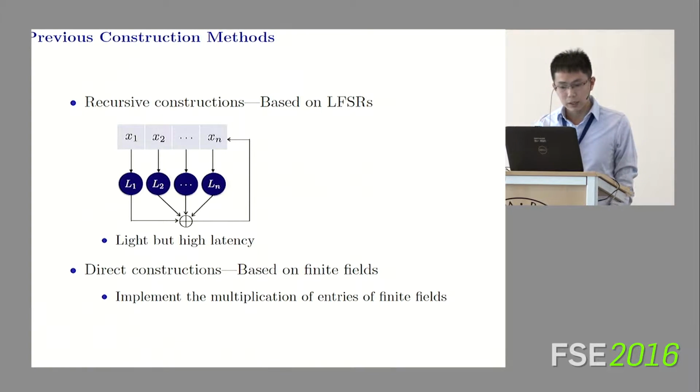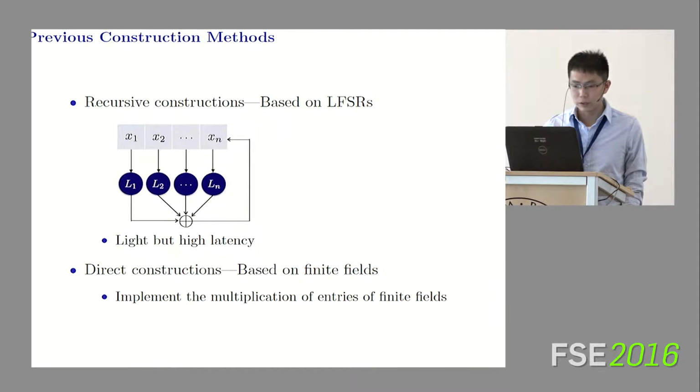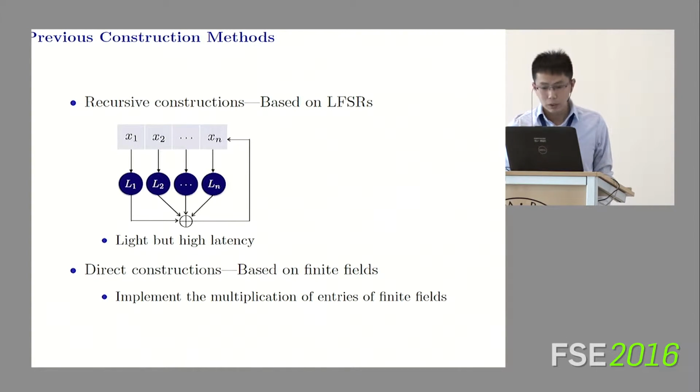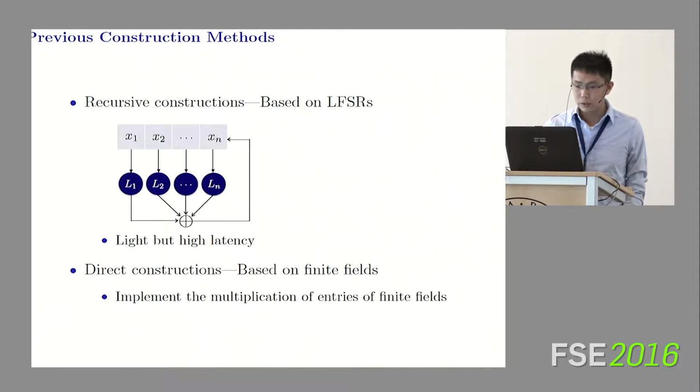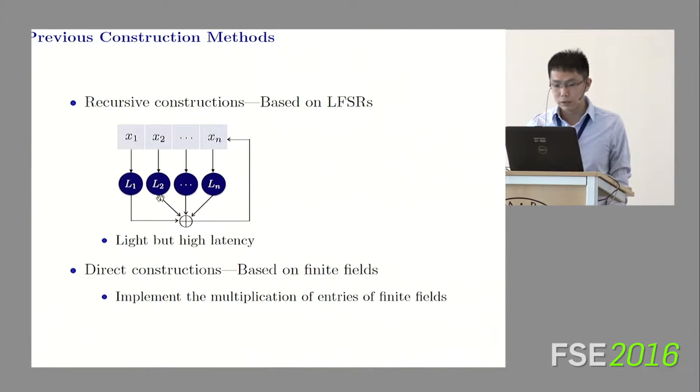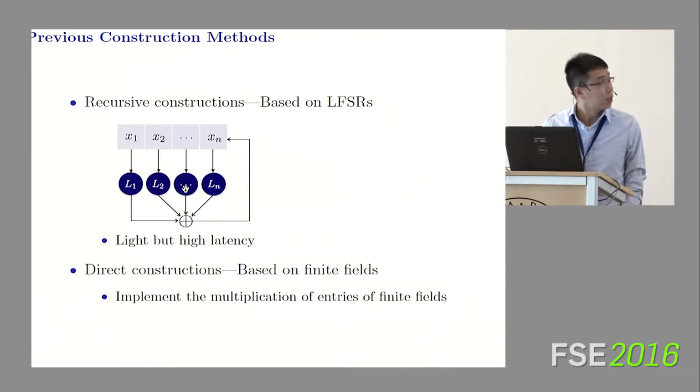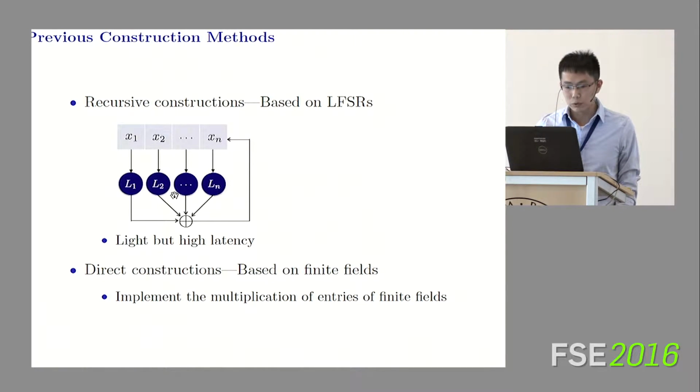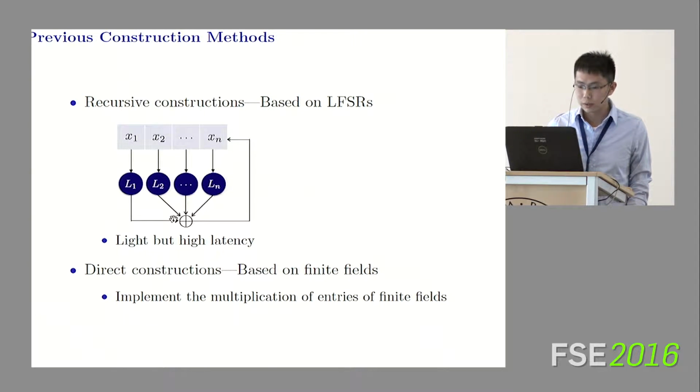Previously, there were two main methods for constructing lightweight MDS matrices. The first is the recursive construction, which is usually based on linear feedback shift registers. By choosing suitable round functions, which are usually very light, and running them for several rounds, one can get an MDS matrix.